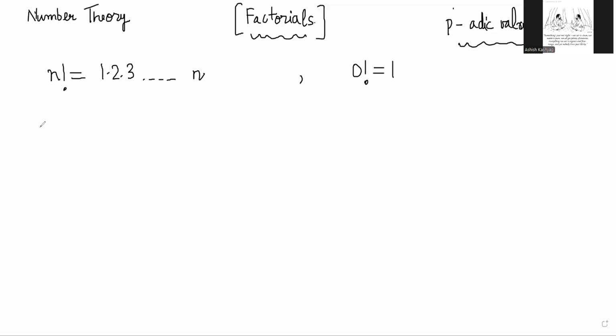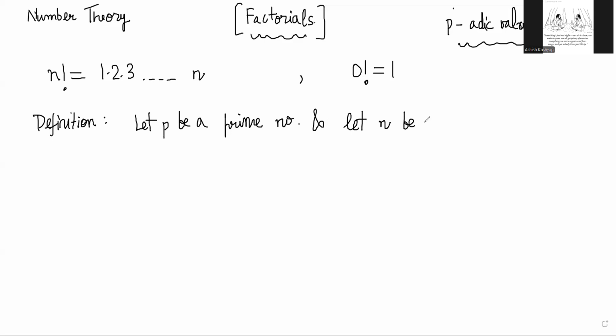Now, we'll get started with a definition here. Let p be a prime number, and let n be a positive integer.